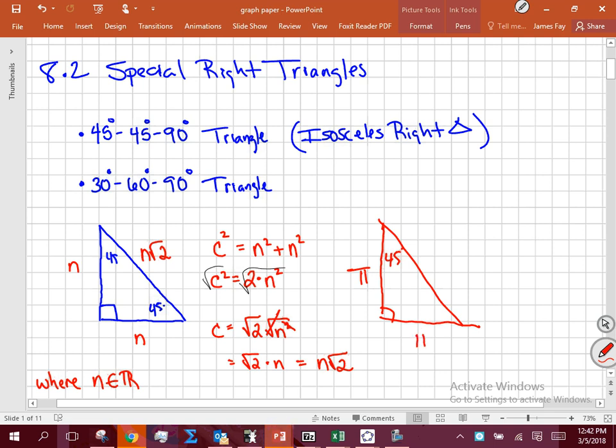So pi radical 2, correct? Does that make sense? Okay, some other numbers that are like pi that we don't really like: radical 3. If that's radical 3, this would be radical 3 radical 2, right? Does that kind of make sense?